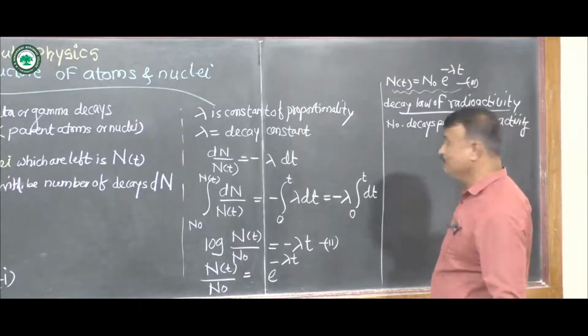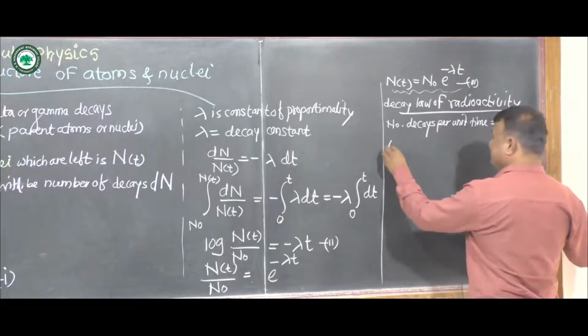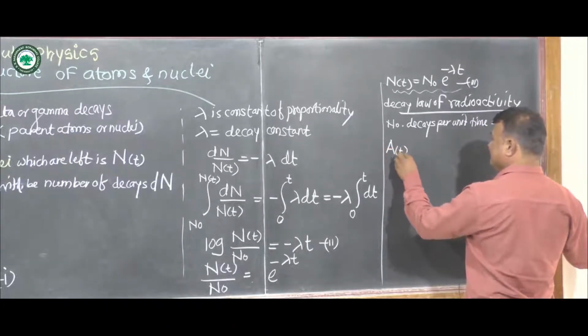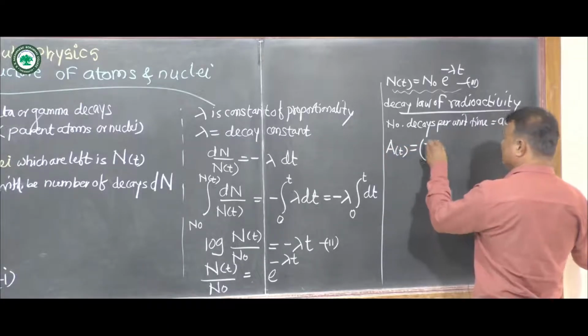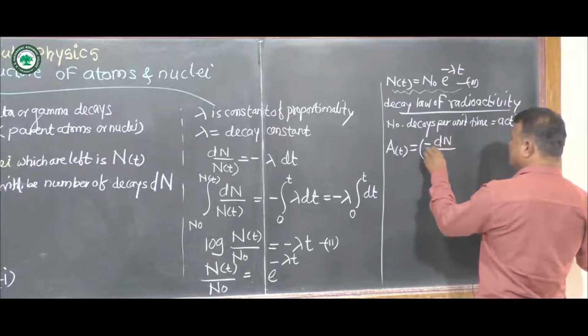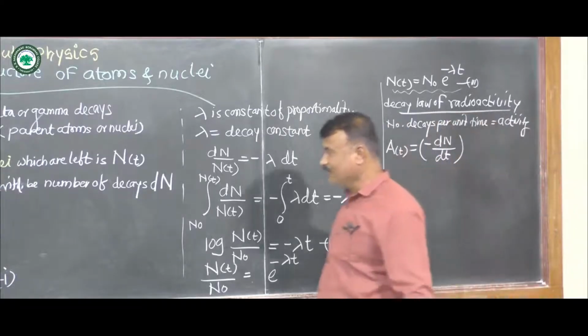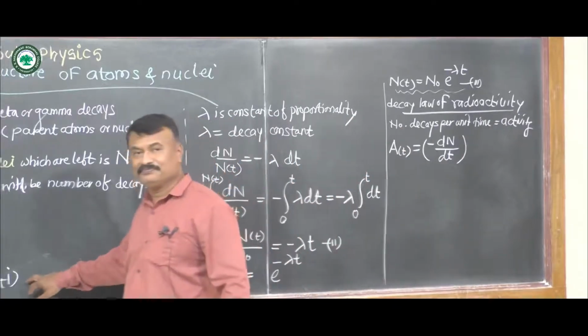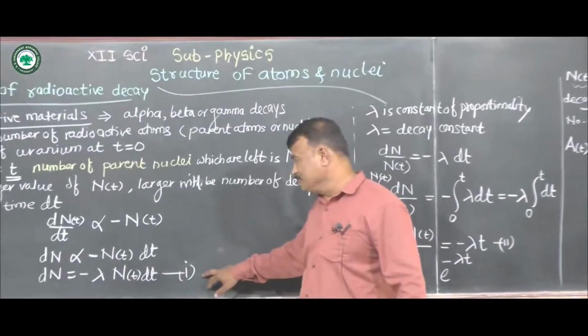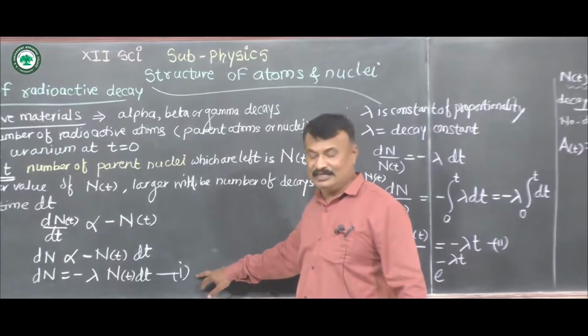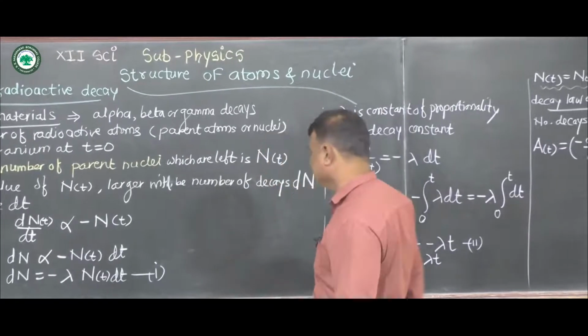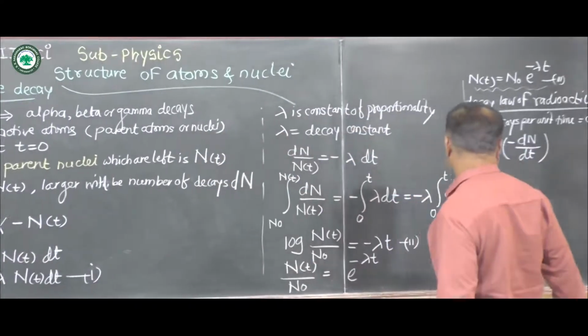Now we have to study the activity. Activity at time t is given by At, that is equal to minus dN upon dt. For that purpose again we consider equation 1. With the help of this equation we can find dN upon dt.